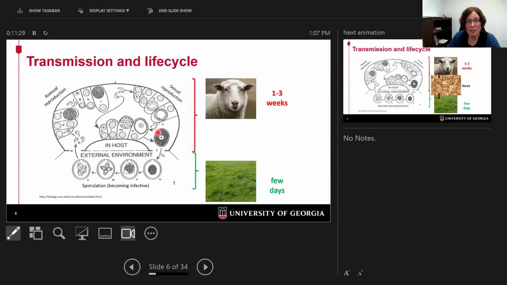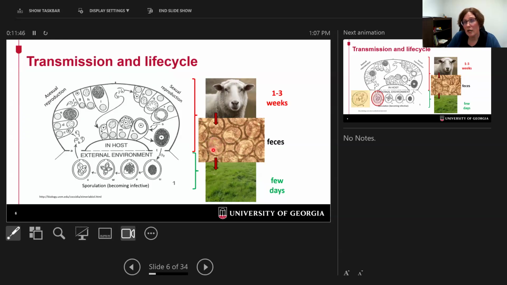And that oocyst is going into the free space of the intestine, the lumen, and will be shed with the feces. So this is what we can see through diagnostics. So those are actually those parasites that we've seen on the title slide. So they are the newly formed generation of parasites. These are not infective yet.